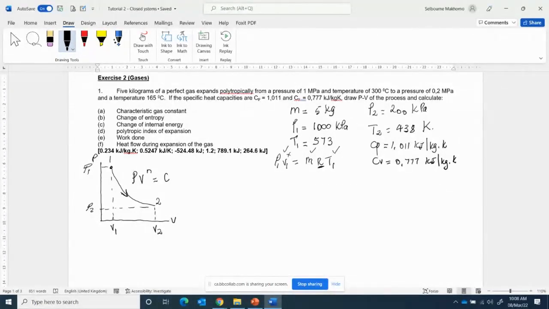But if you look at your notes from last week, you know that the difference between Cp and Cv is R. In other words, R is equal to Cp minus Cv. So Cp is given as 1.011 and Cv 0.777. The difference between the two is 0.2334 kilojoules per kilogram Kelvin. That's the answer for the first question.